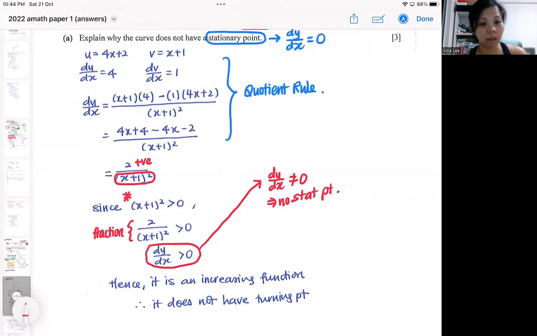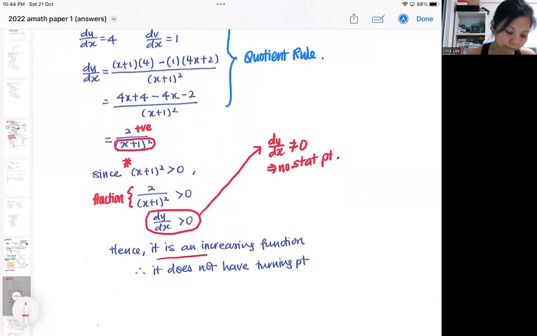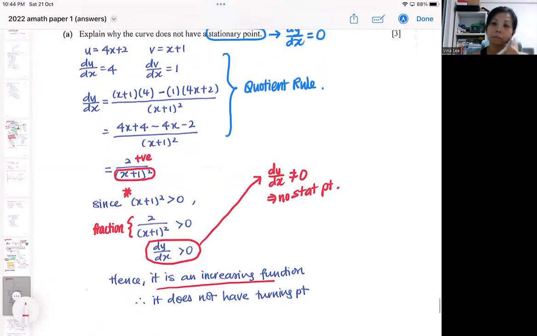It's actually an indication that it's an increasing function. An increasing function will just keep on going up, so it will never come down and it will not have a turning point. For this question, they can actually rephrase it to ask you to explain that it is an increasing function, because it will serve the same working as well.